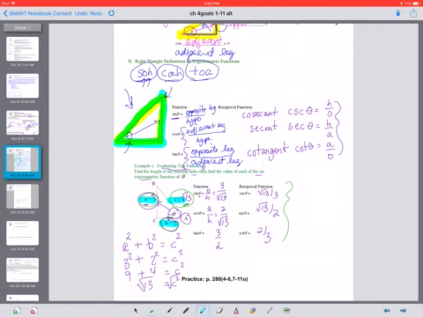So a good thing to note is that when you are finding the sine and cosine, their values should always be less than 1. If their values are greater than 1, then you're saying that your hypotenuse is not the longest side. Tangent can be greater than 1 or less than 1 because you're looking at a ratio of legs.